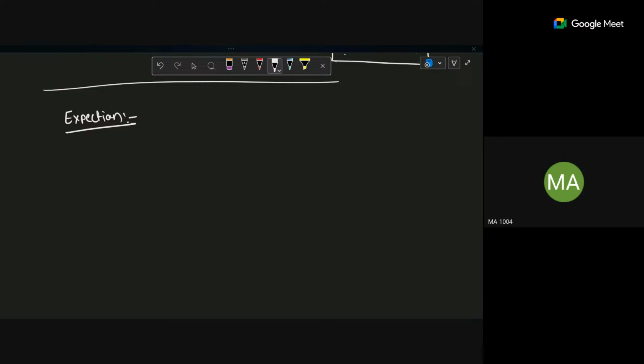Question number 1, 5.1 activity, right? Is the question visible to you? No, ma'am, it's not visible. Okay, just a minute. So the question he is asking is this one. Is it visible now?